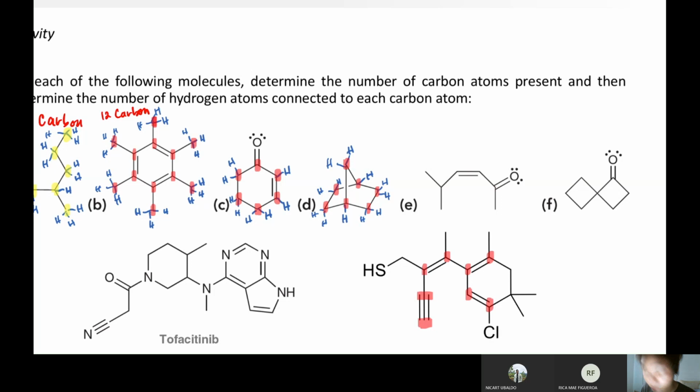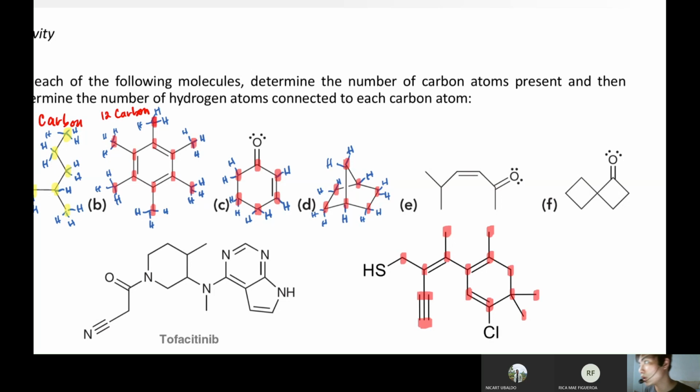Ito din, no? Basta ganun. Yung mga double bonds and triple bonds at each end of the bond, may carbon. Tapos may carbon dyan, carbon dyan, and so on and so forth. No? Pag mga single bond, yung mga edges na lang, no? Mga dulo. Ayan.